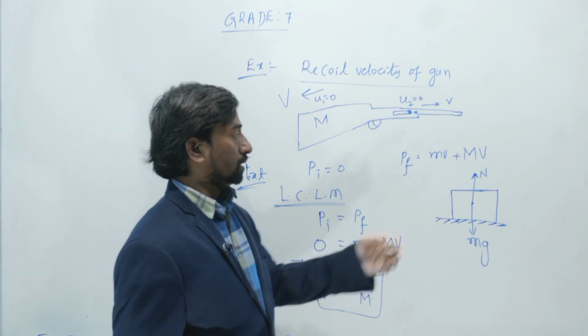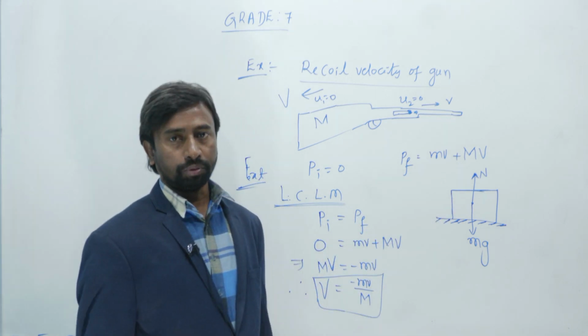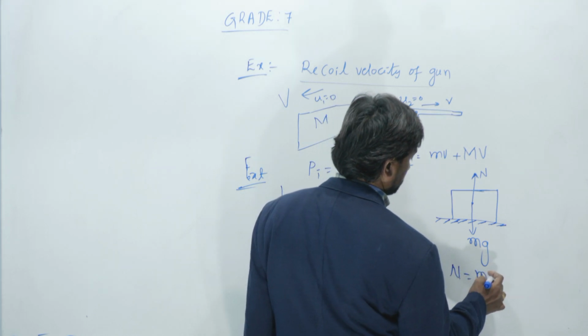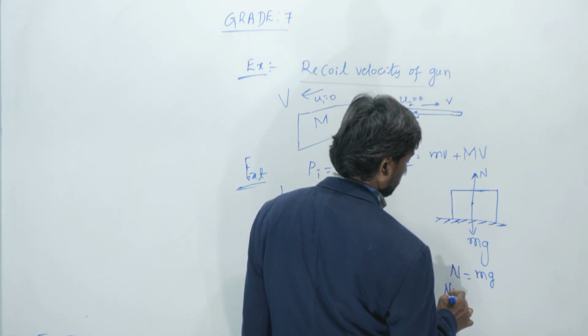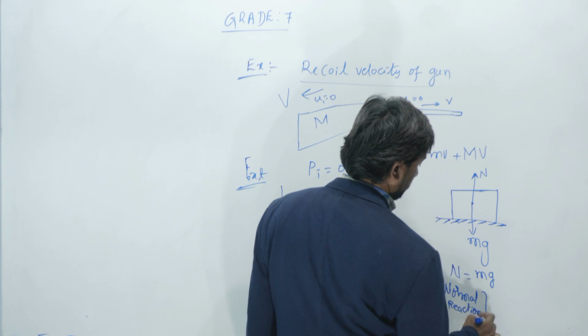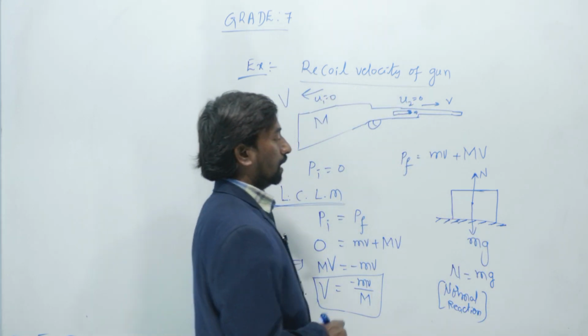So when these two are equal, the body will be in equilibrium. So N is equal to mg. This N is said to be the normal reaction force, and mg is the weight.